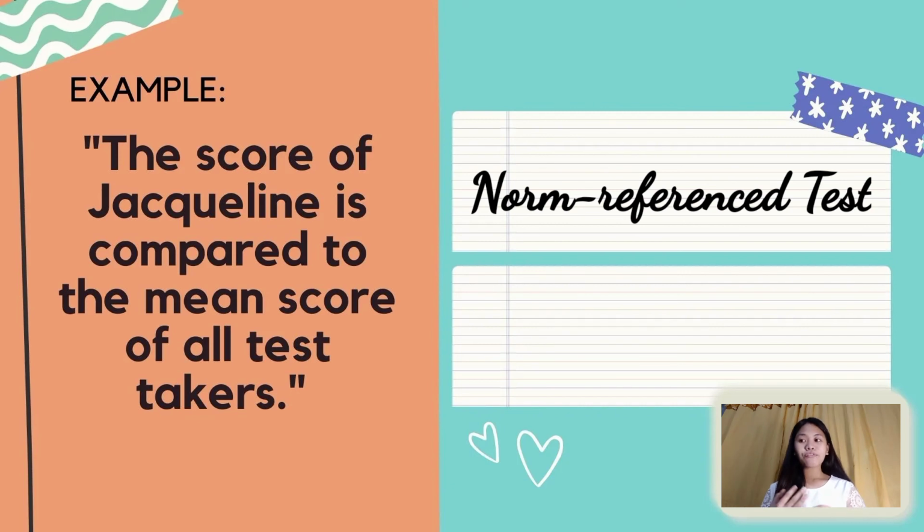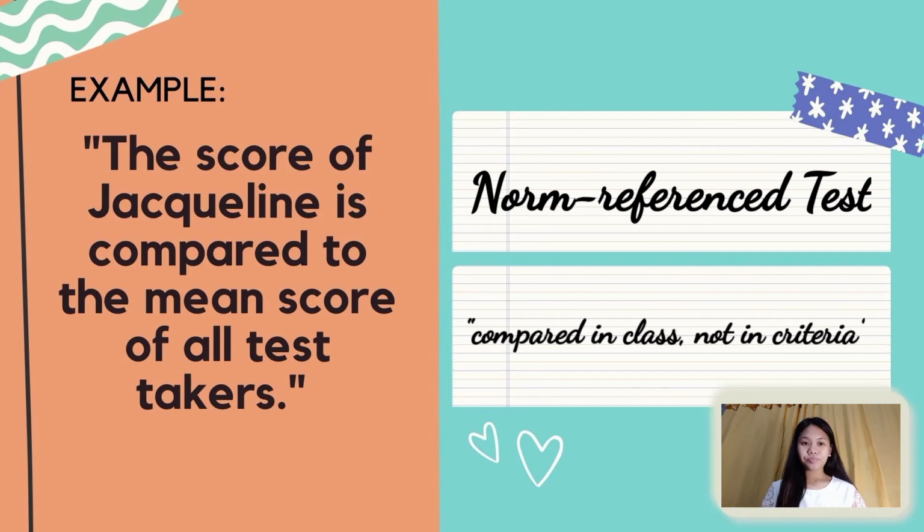So the kind of grading system is not criterion, but it is a norm. Why? Where did they compare the grade of Jacqueline? The score of Jacqueline is compared in the class, not in the criteria.